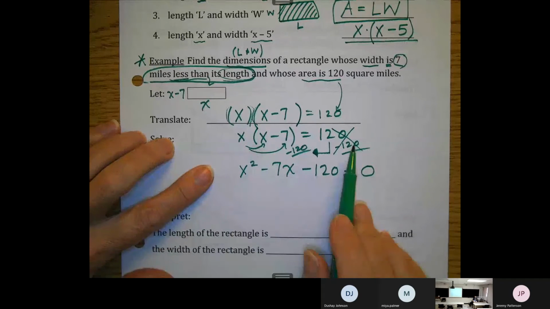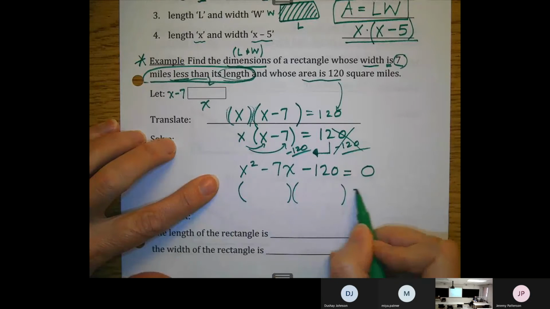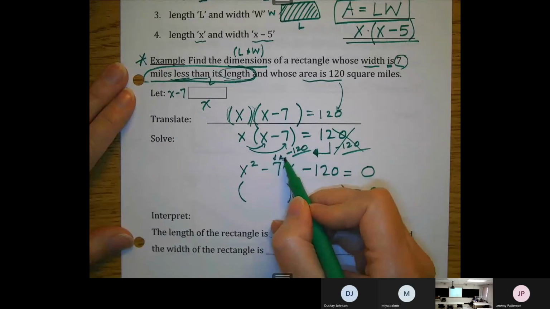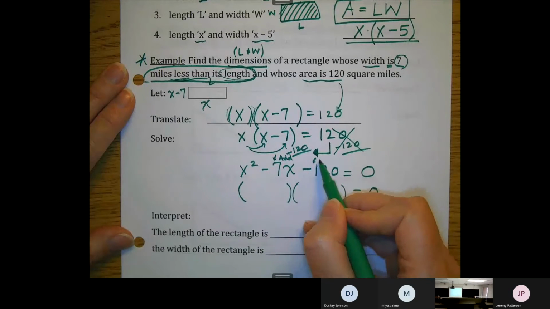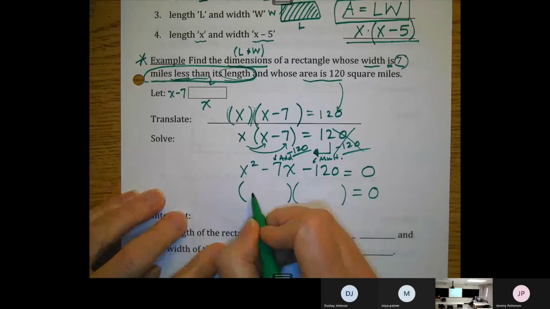So distribute, move the number over, then think about factoring. Got a trinomial, so I'm thinking about trial and error. I need to find two numbers that add up to -7, while at the same time multiply to make -120.